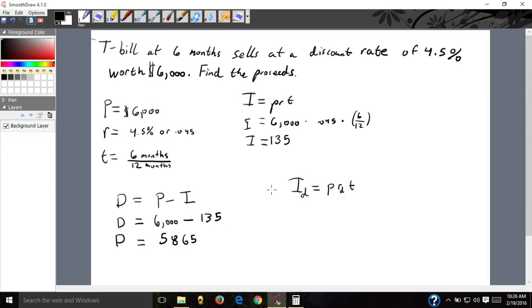And also, we can say that if this is in fact a discount, we have that A is equal to P plus I, or we're going to reverse it and put it in as the discount is equal to the principal minus the interest. Okay? Future value amount versus a discounted amount. And that's all there is to it.